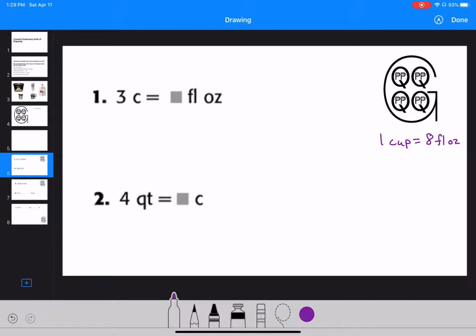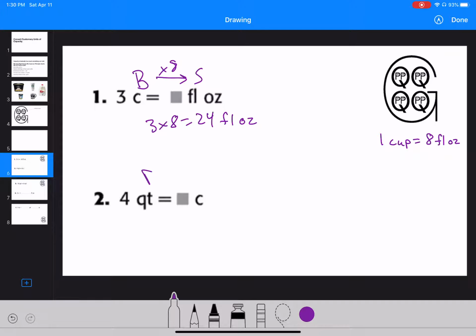So if 1 cup equals 8 fluid ounces, that means cups are bigger and fluid ounces are smaller. If we're going from big to small, we have to multiply by the number of ounces that are in a cup. And there are 8 fluid ounces in 1 cup, so we have to multiply by 8. So therefore the answer is 3 times 8 equals 24. So 24 fluid ounces.